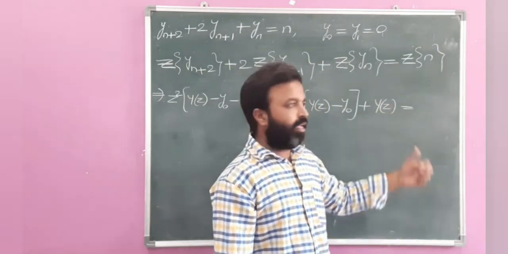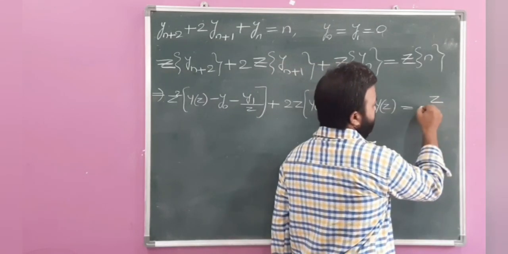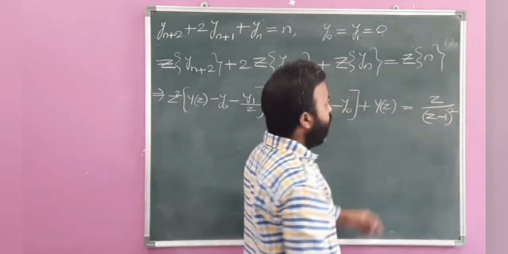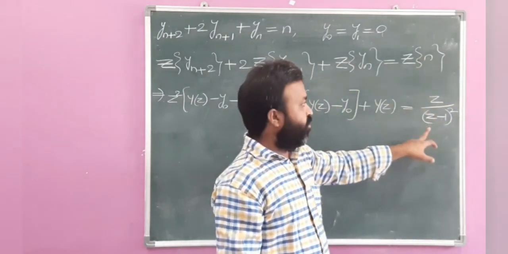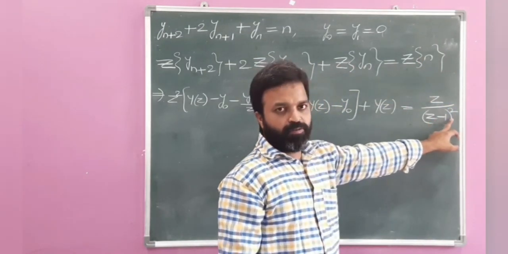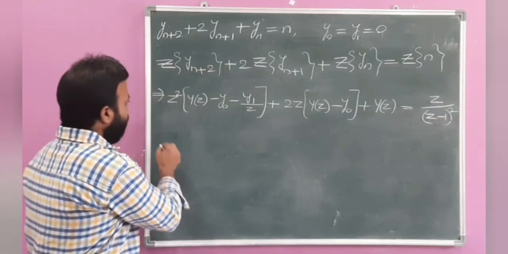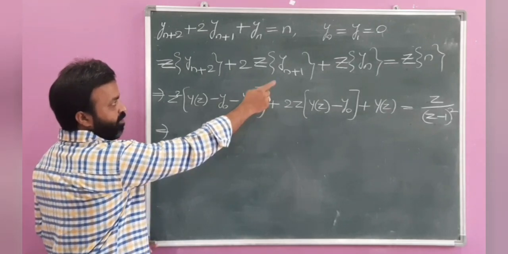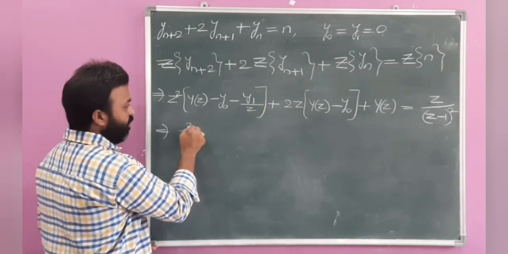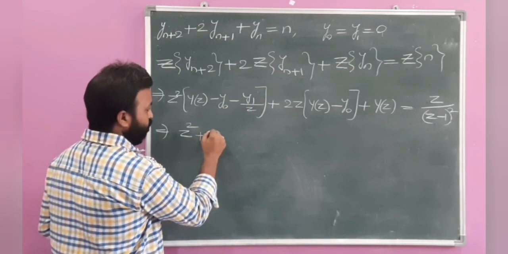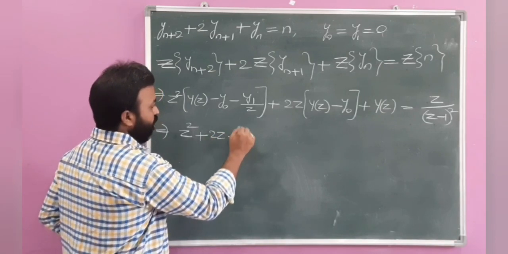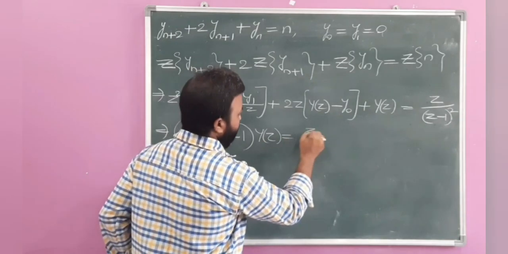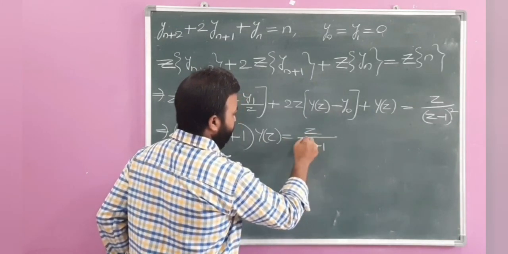Z transformation of n is z by z minus 1 whole square. So if you know the basic formula of z transformation of n, then write this as z by z minus 1 whole square. And now this is equal to, by substituting y0 and y1 as 0, we get the equation z square plus 2z plus 1 into y of z equal to z by z minus 1 whole square.